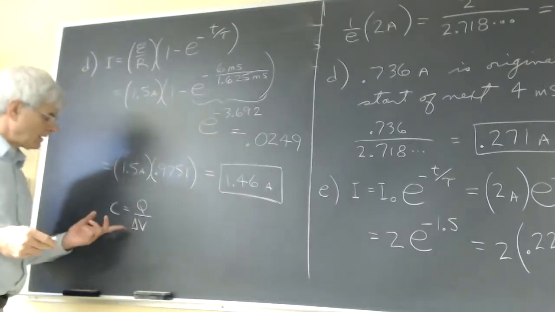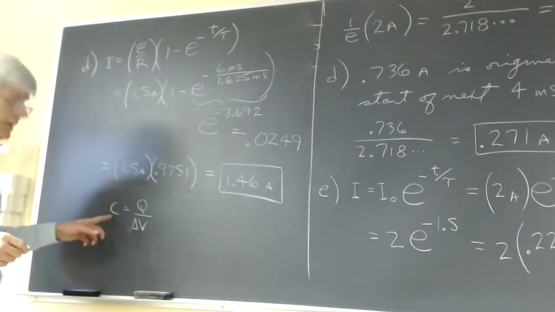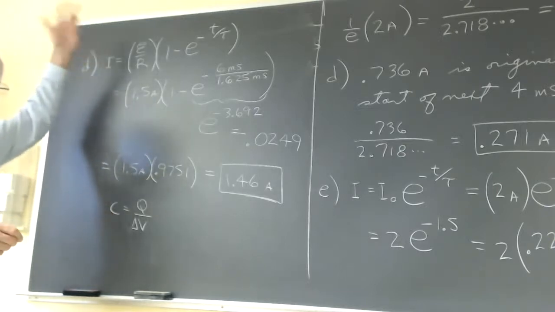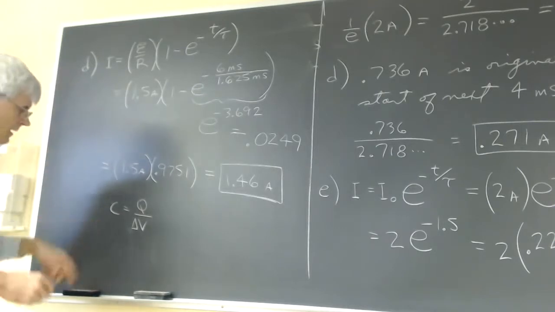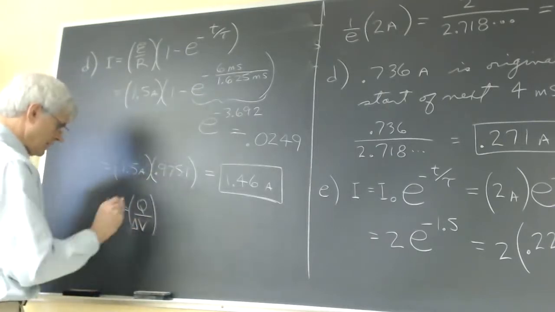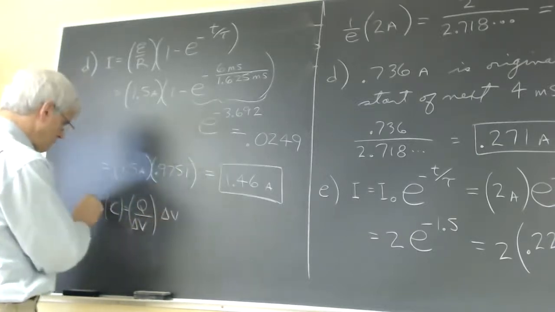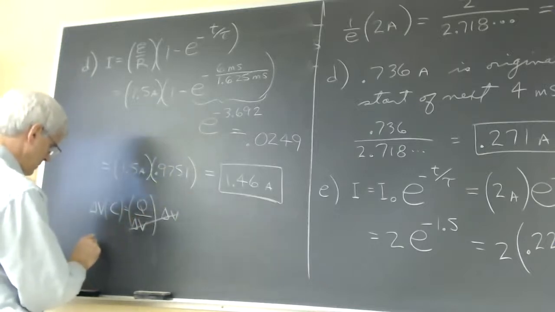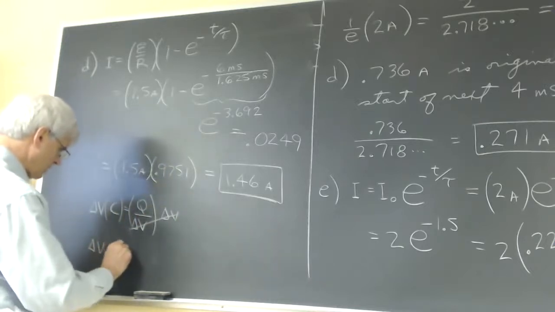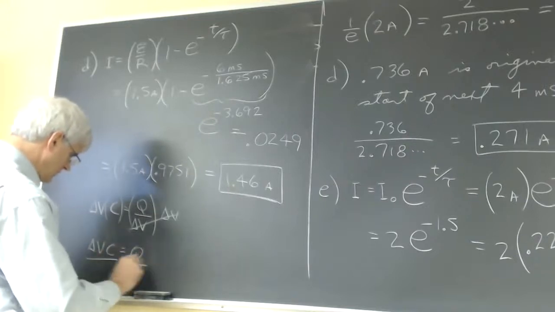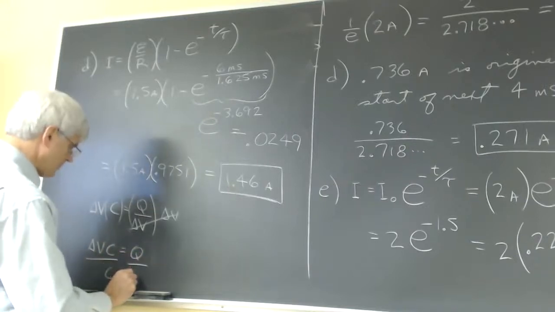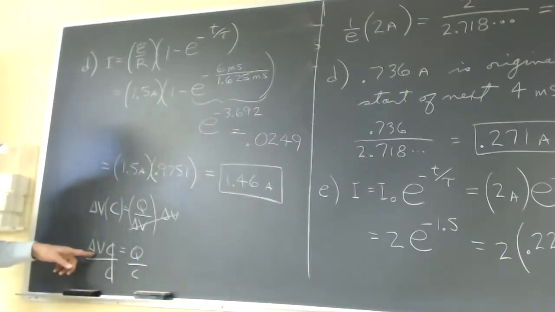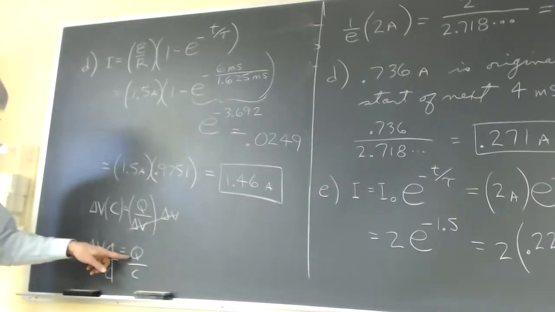Anyhow, that's the definition of capacitance, which you can look up on the formula sheet from a few weeks earlier in the course. If you multiply both sides by delta V, it cancels, and you've got delta V times C equals Q. Then you divide both sides by C, and so the voltage across a capacitor is equal to the charge.